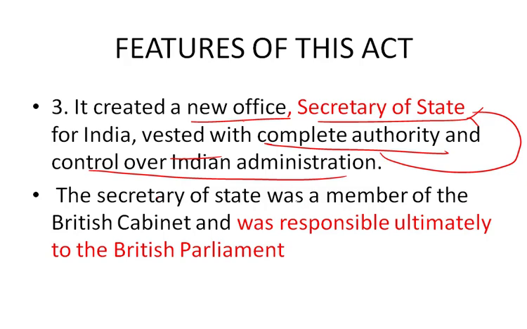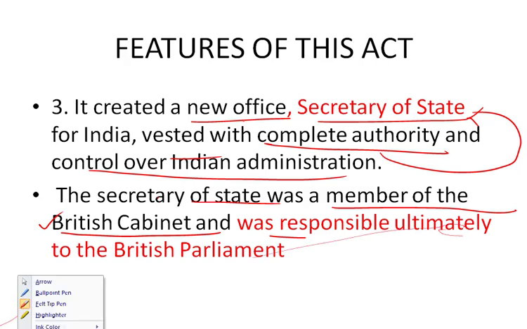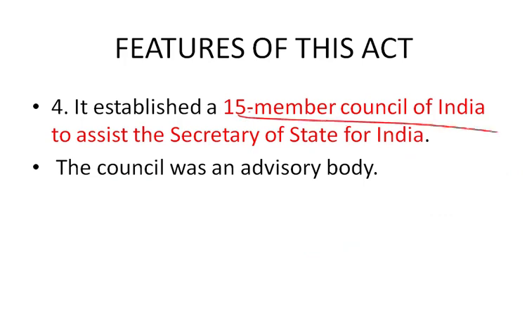And the special feature is that the Secretary of the State was a member of the British Cabinet and was ultimately responsible to the British Parliament. This act also established a 15-membered Council of India to assist the Secretary of the State.